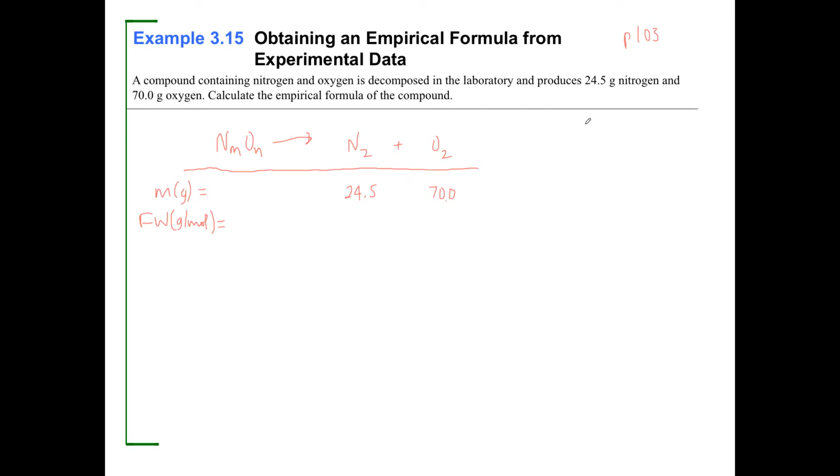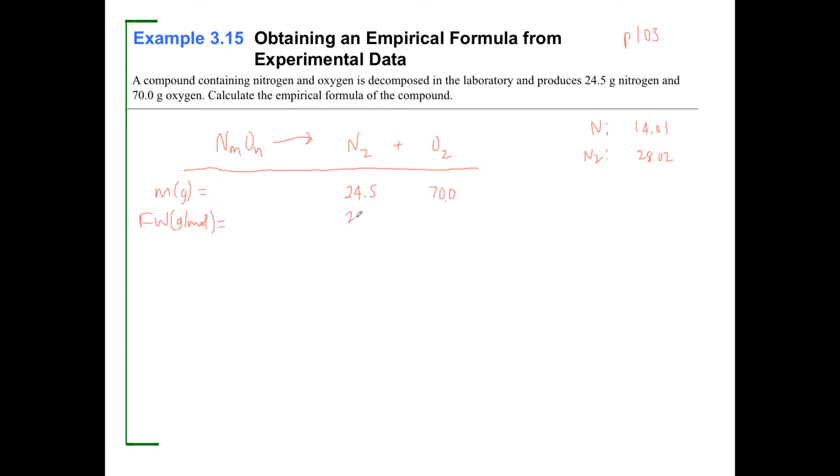I'm going to save some time here. Look at the periodic table real quickly. Nitrogen. I guess I should write this out. Some of you aren't comfortable with it yet, maybe. Nitrogen is 14.01, and so N2 is equal to 28.02.